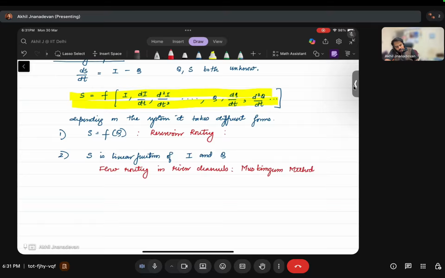And in case of reservoir routing, the method we will be using is called level pool routing.